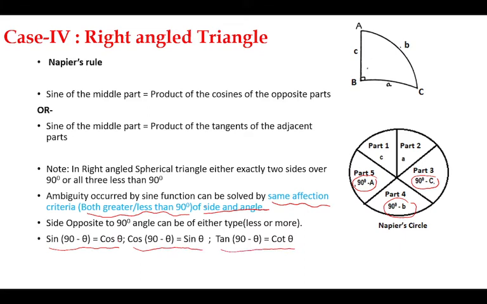Remember, all these are positive, because 90 minus theta is an angle in the first quadrant, and in the first quadrant all trigonometric functions are positive. Any doubt here? So we'll move to the examples.